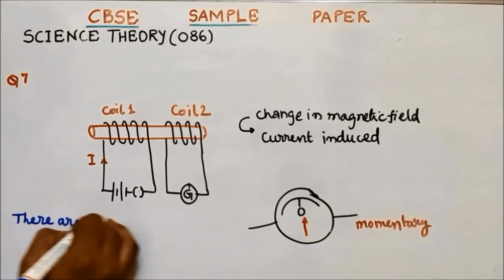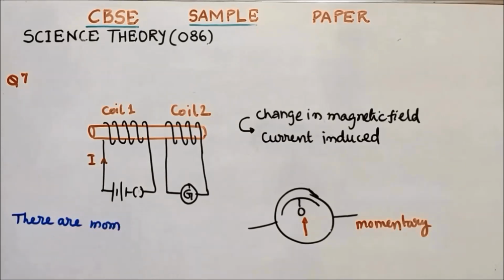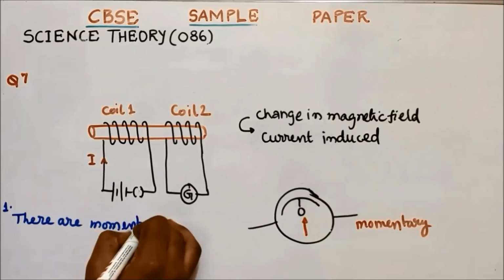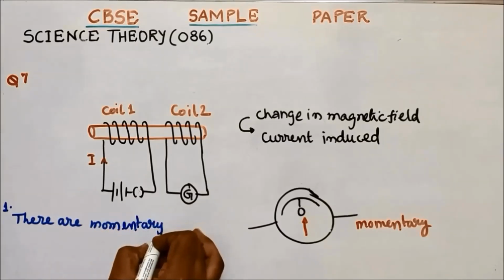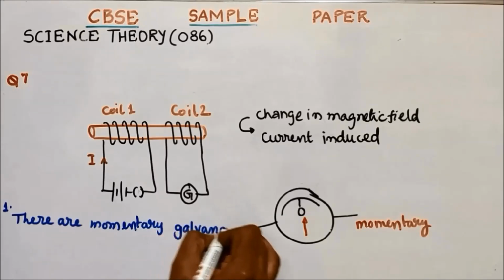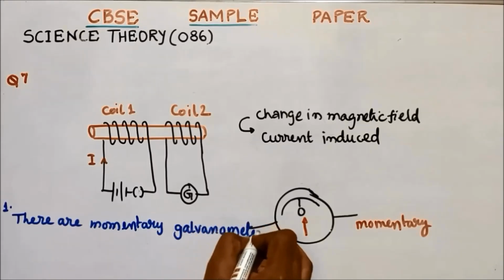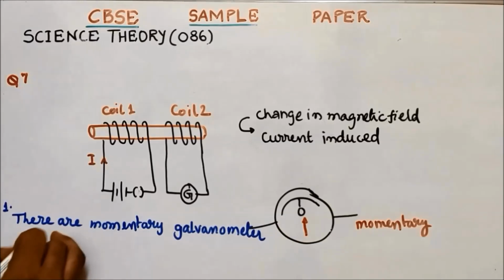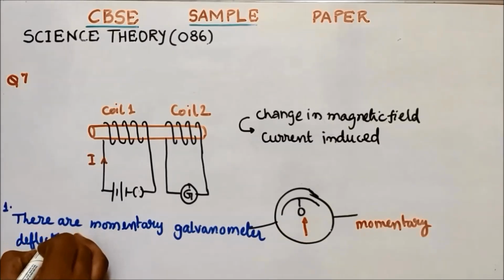If you see the question, he is asking for 2 observations. So let us number them. Number 1: there are momentary galvanometer deflections.